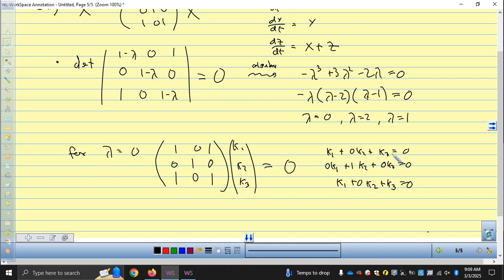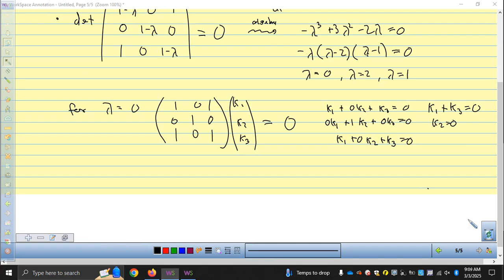Well, the first equation and the last equation tell us k1 plus k3 equals 0. And the middle equation tells us the only way this is going to be true is if k2 is 0. So k2 is 0, k1 plus k3 equals 0.